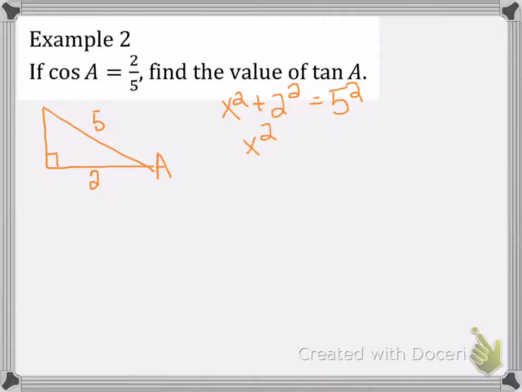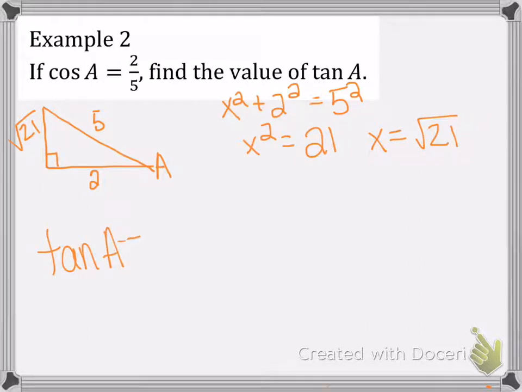So x squared would equal 21, so x equals the square root of 21. So that means this last side is equal to the square root of 21. So then the tangent of A is equal to the opposite over the adjacent.